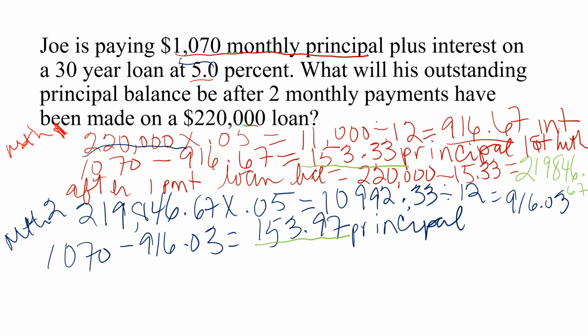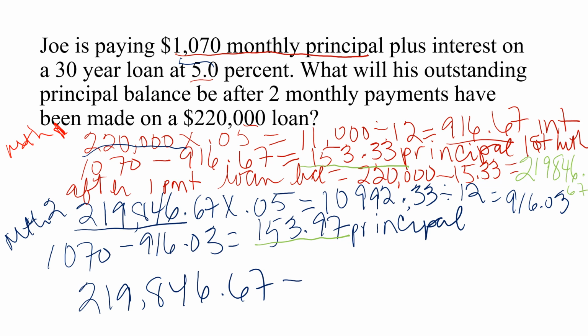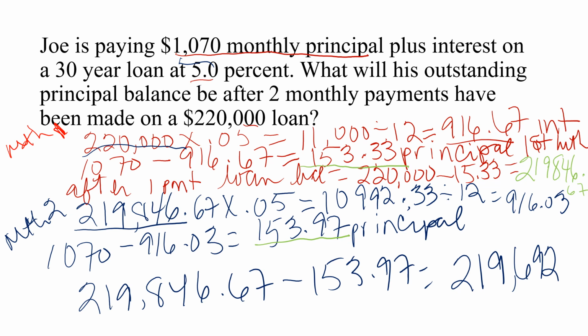So then my final step is going to be to take my amount, $219,846.67 minus my 153.97, and that equals $219,692.70.